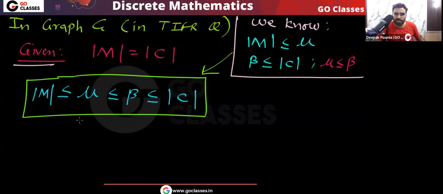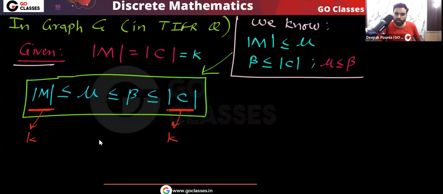Also, it is given that the size of M is equal to the size of C. Let me call it K. Then the size of M is K and the size of C is also K.